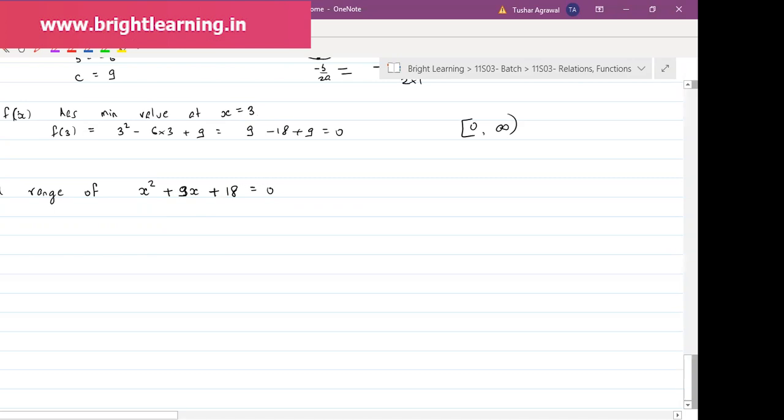Sorry, I cannot write equal to 0. That will be a mistake. x square plus 9x plus 18. That's it.